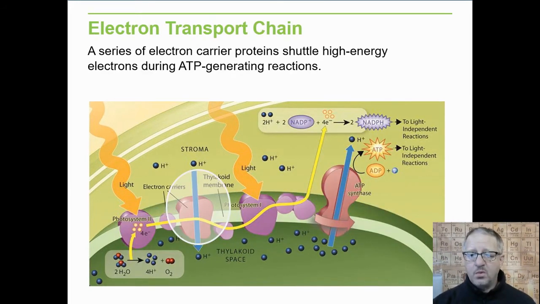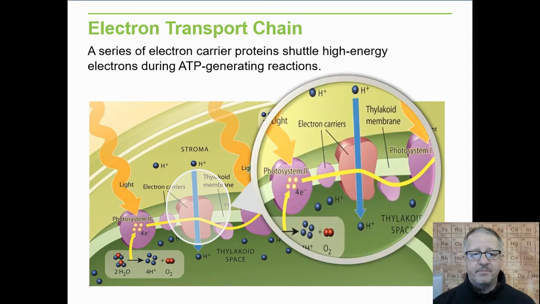All right, so what happens to the electrons as they move down the electron transport chain? Well, the energy from the electrons is used by the proteins in the chain to pump H plus ions from the stroma into the thylakoid space. So that's what we see happening here.